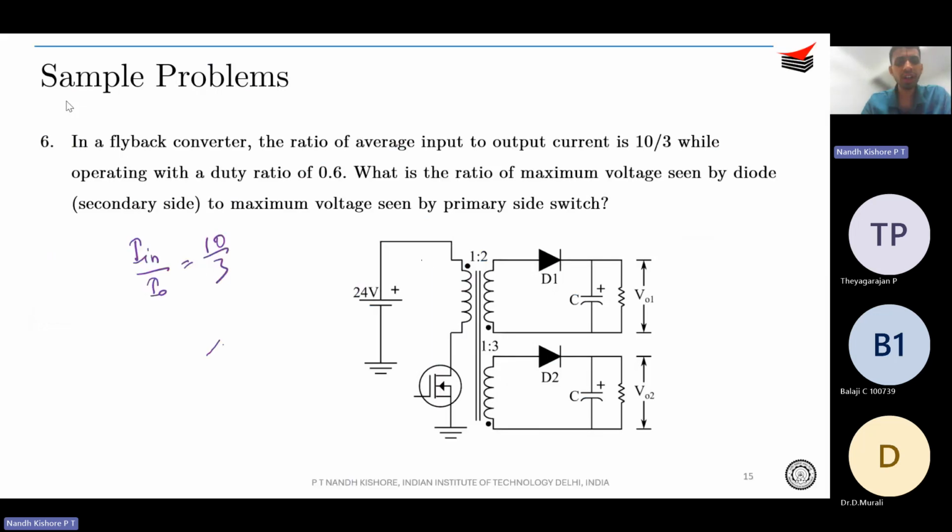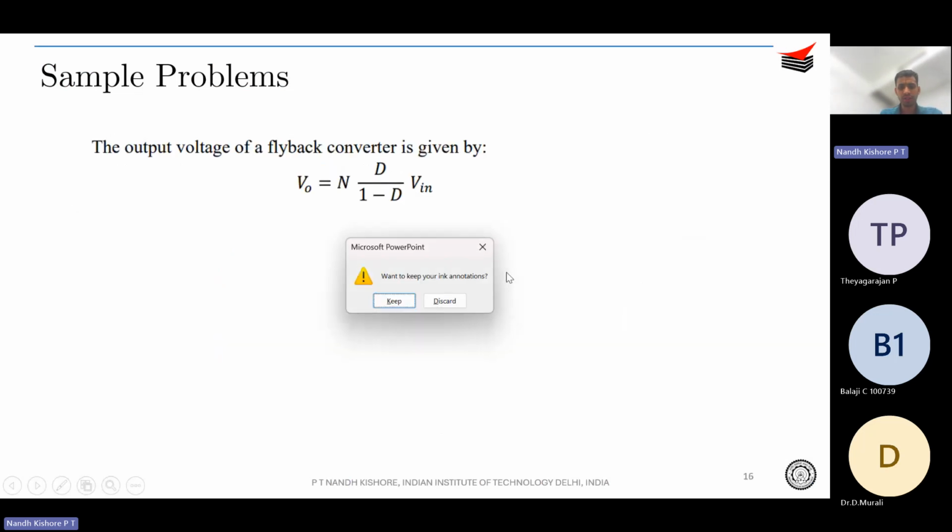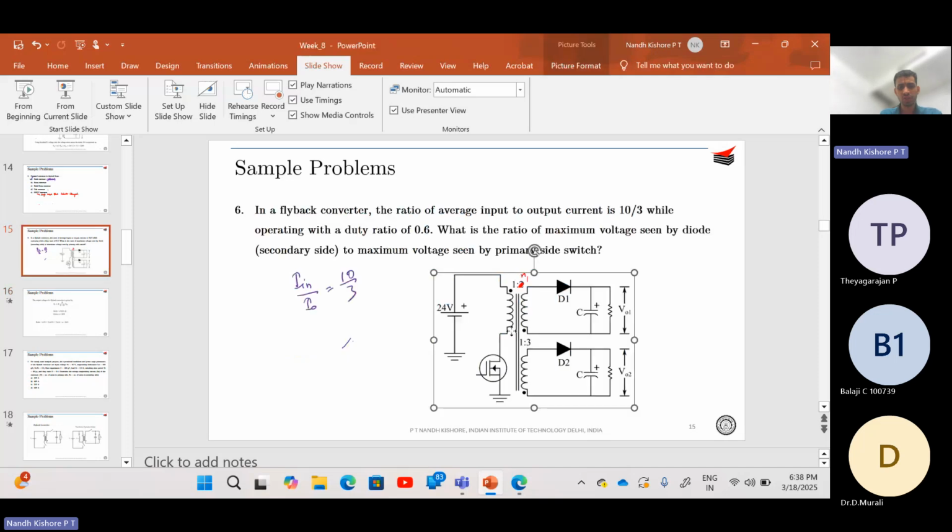Okay. So forget about the turns ratio here. Let's say this is 1:2. Okay, so instead of this figure, just hang on a second. I'll just use.